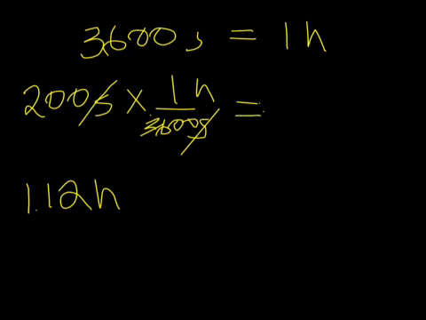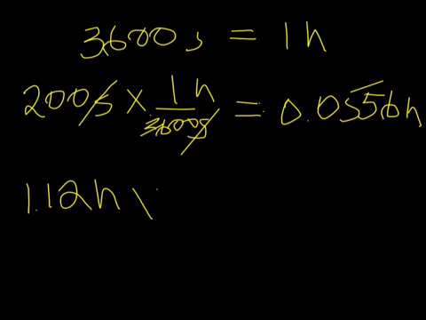So if I take 200 times 1 divided by 3,600, it gives me 0.5 repeating. Now I have 3 significant digits, so it's going to be 0.0556 hours.